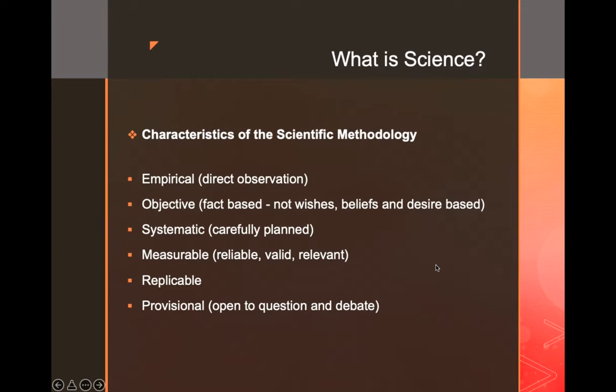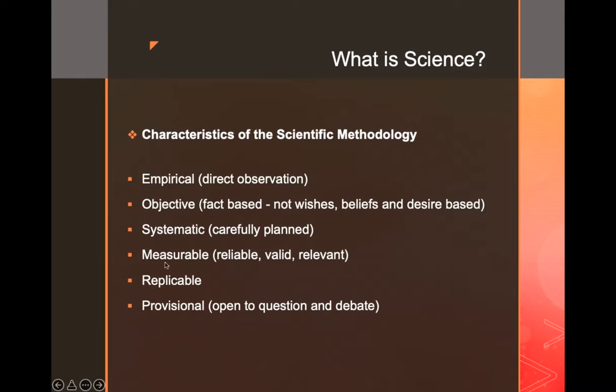It has an objective component, as I just shared. It's systematic. It has to be carefully planned, because even within the chaos that seems to come at us at first, there is order within the world we live in. And so we need to find a systematic way to even approach and carefully study this order.